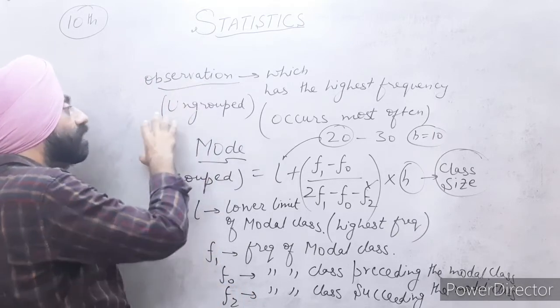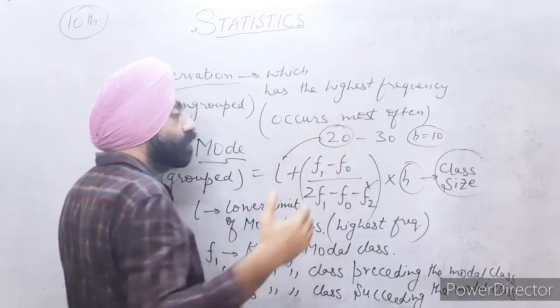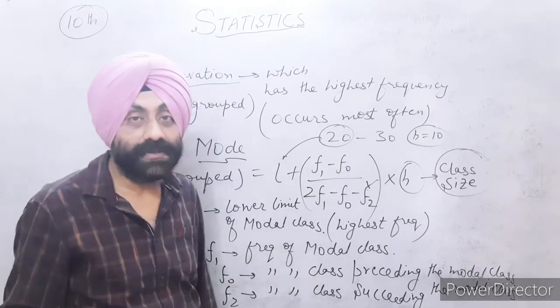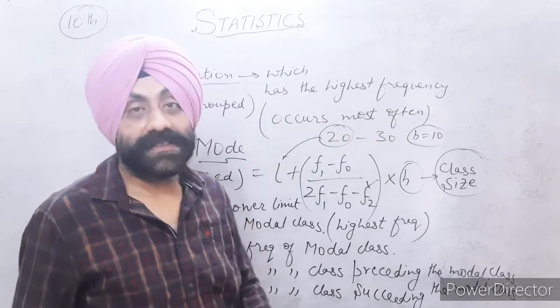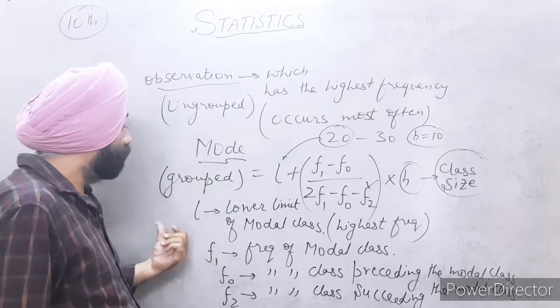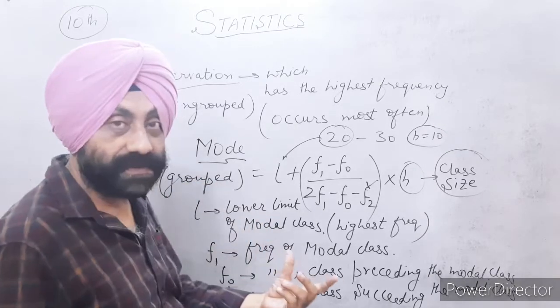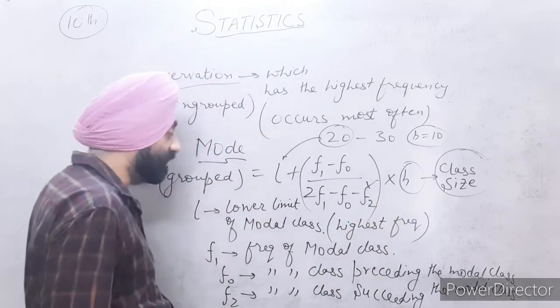For ungrouped data, mode is the observation which occurs most often, in layman's language, or in other words, which has the highest frequency. That is called the mode. So for grouped data, we choose the modal class first. Modal class is that class which has the highest frequency.